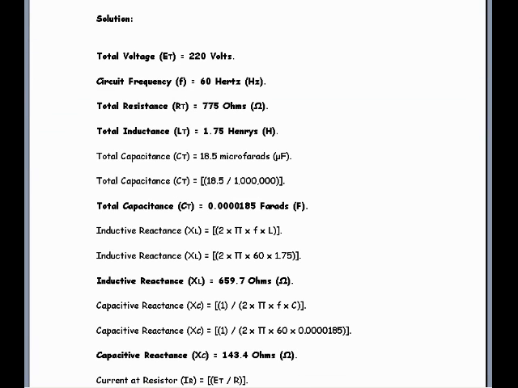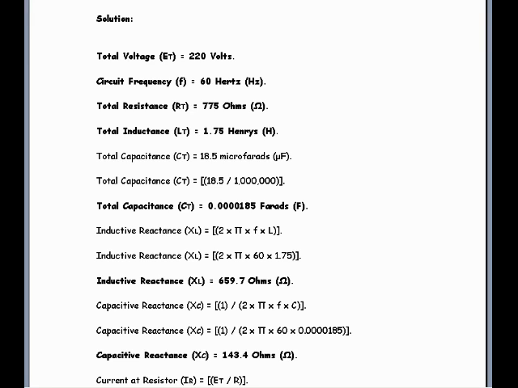So starting with what we do know, total RMS voltage for the circuit, 220 volts RMS AC. The circuit frequency, 60 cycles per second or 60 hertz. A total resistance of 775 ohms. Total inductance, 1.75 henries. Total capacitance, 18.5 microfarads.